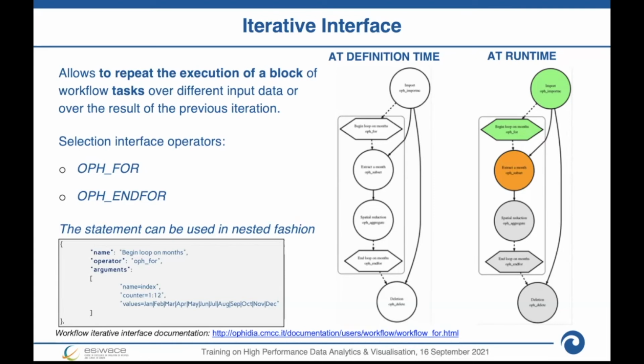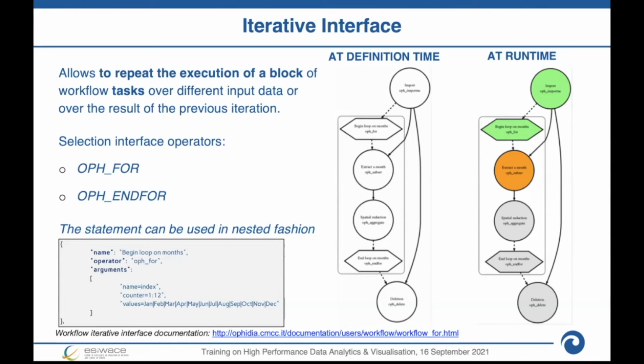So if they're independent, they can be run in parallel within the same branch, but the different iterations are run in a sequential way. The for interface can also be used in a nested way, so that we can nest a workflow within another workflow, and this supports the execution of loops within loops.